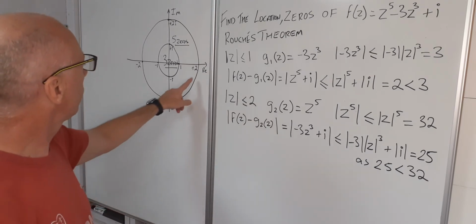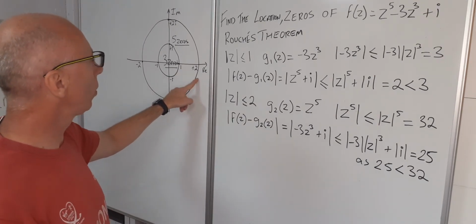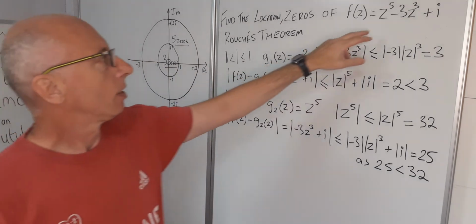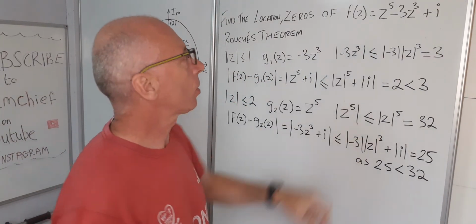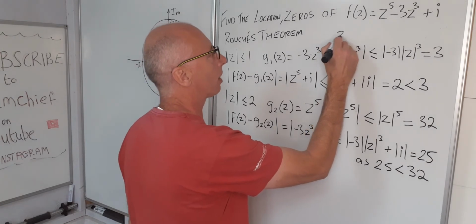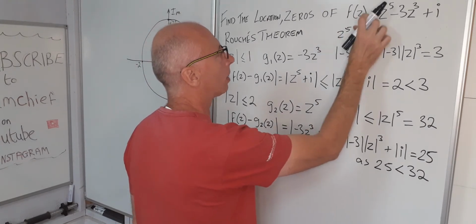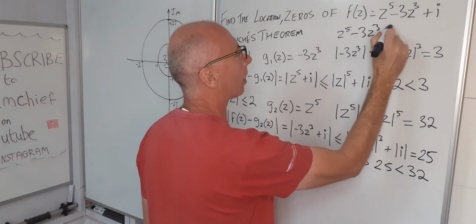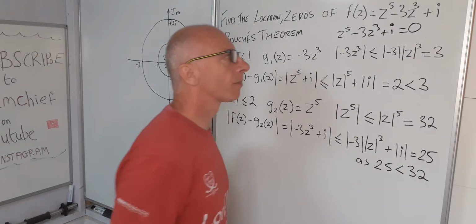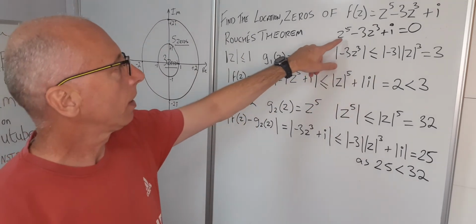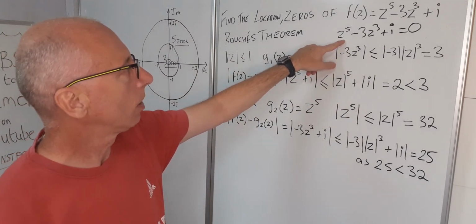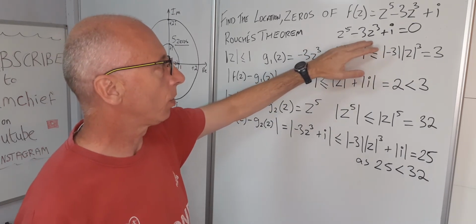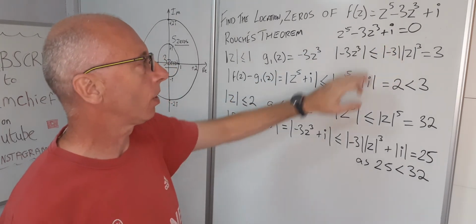Okay, just checking for the boundaries 1 and 2, and we can also check for 0. We can see 0 is not a solution for this, so if you say z to the 5 minus 3z cubed plus i equals 0, we can see that z is 2, it's not a solution for that, I'll let you guys work that out. z is 1, it's not a solution, and also for z is 0, it's not a solution.